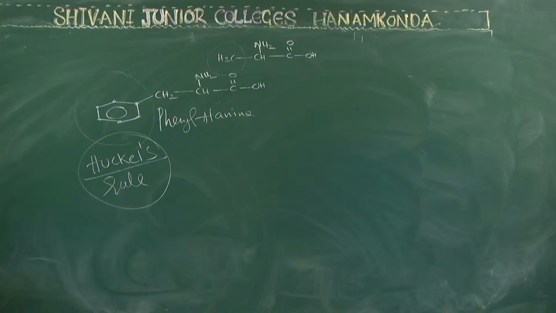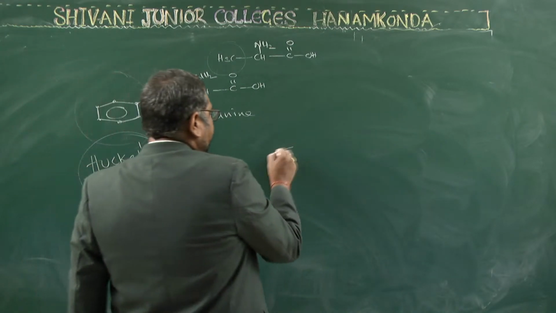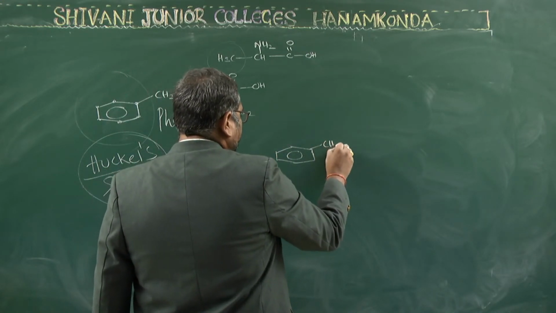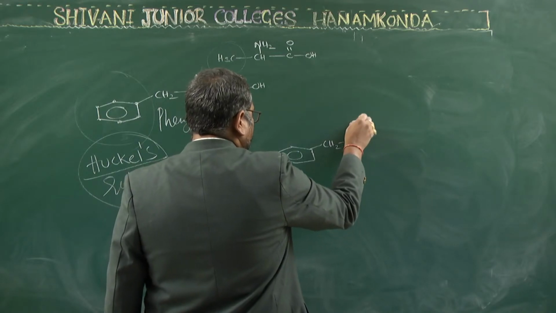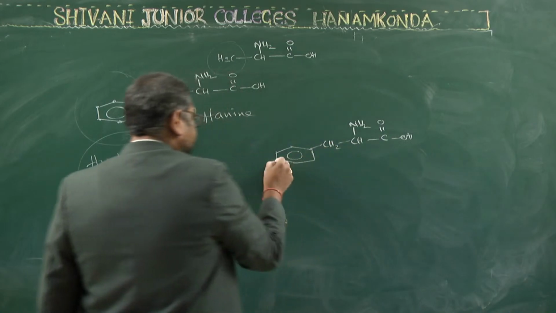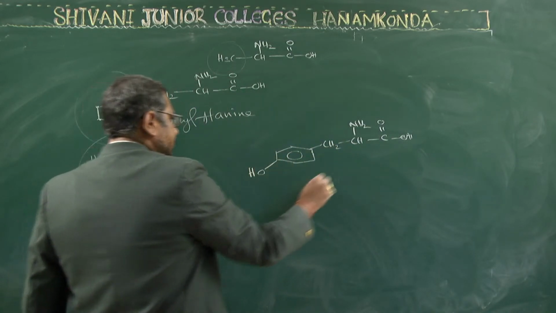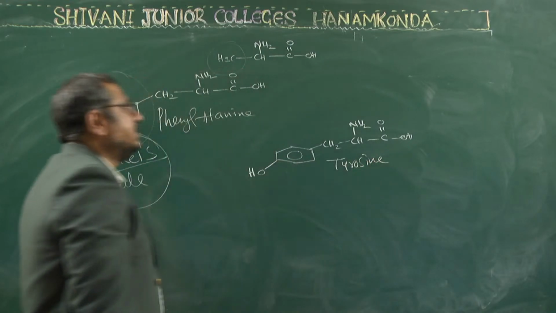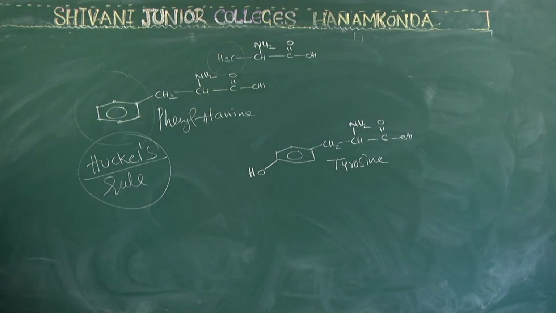Another one is tyrosine, which also belongs to aromatic amino acids. Here the phenyl ring, CH2, CHNH2, COOH. In the para position, if an OH group is present, that is called tyrosine. Tyrosine is also an aromatic amino acid.